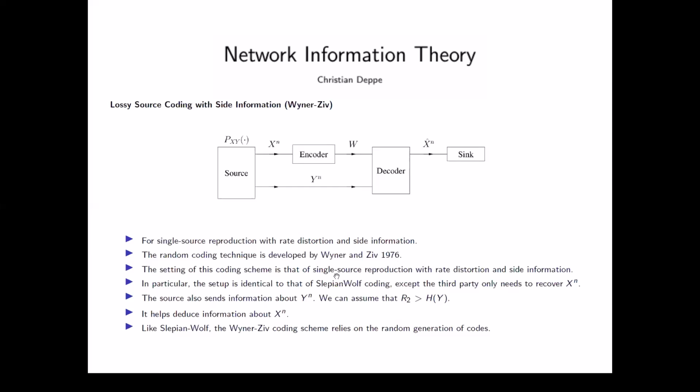The setting is that we want to reproduce the output of a single source with rate distortion, and we have some side information about another sequence also output by the source. In particular, this setup is identical to Slepian-Wolf coding, except that the third party only needs to recover x^n, and we want to have some distortion here.